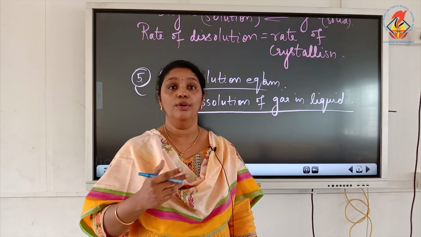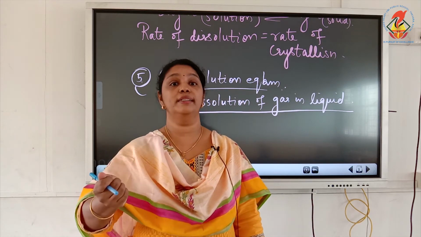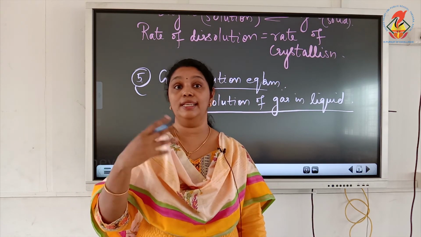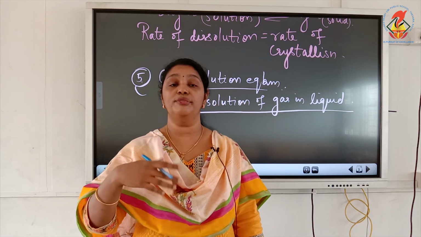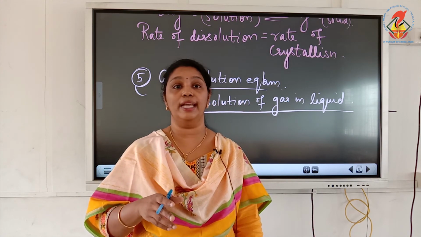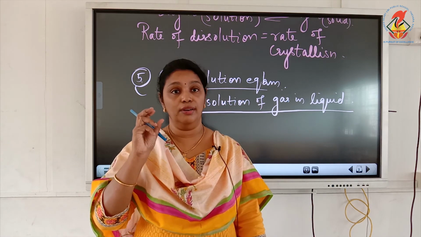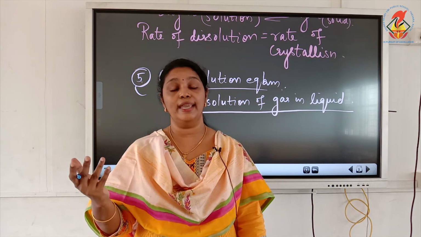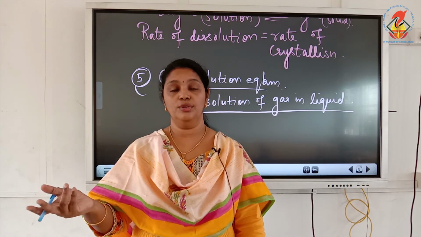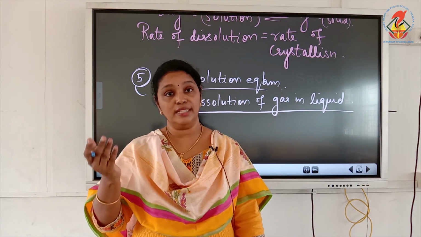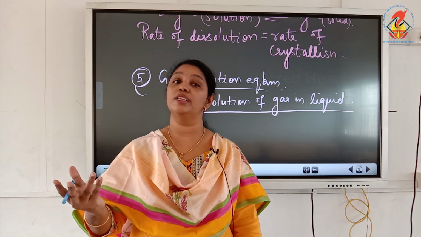Now what happens when you open the bottle? You can see the soda water fizzes out. What is the reason for that? That equilibrium is disturbed. So this soda water wants to attain a new equilibrium, because the pressure decreases when you open the soda bottle.